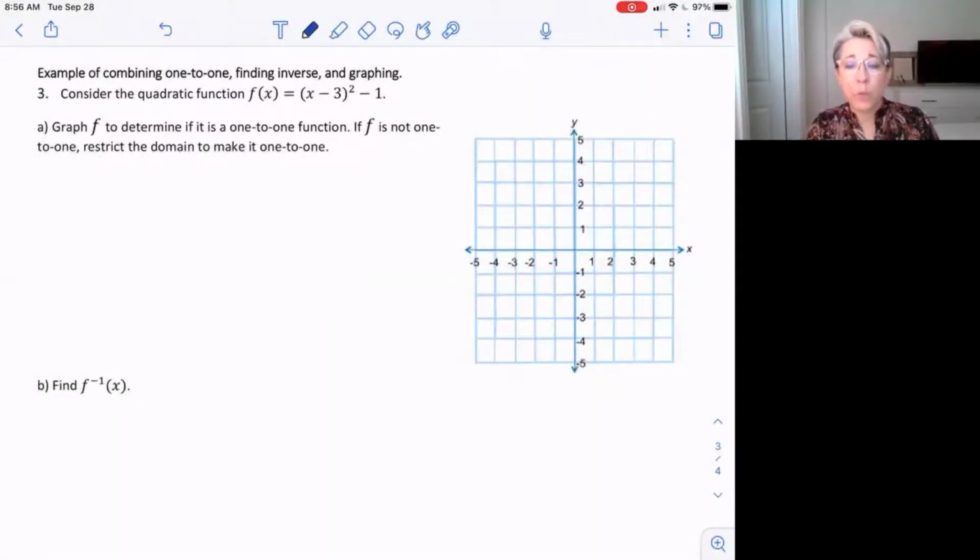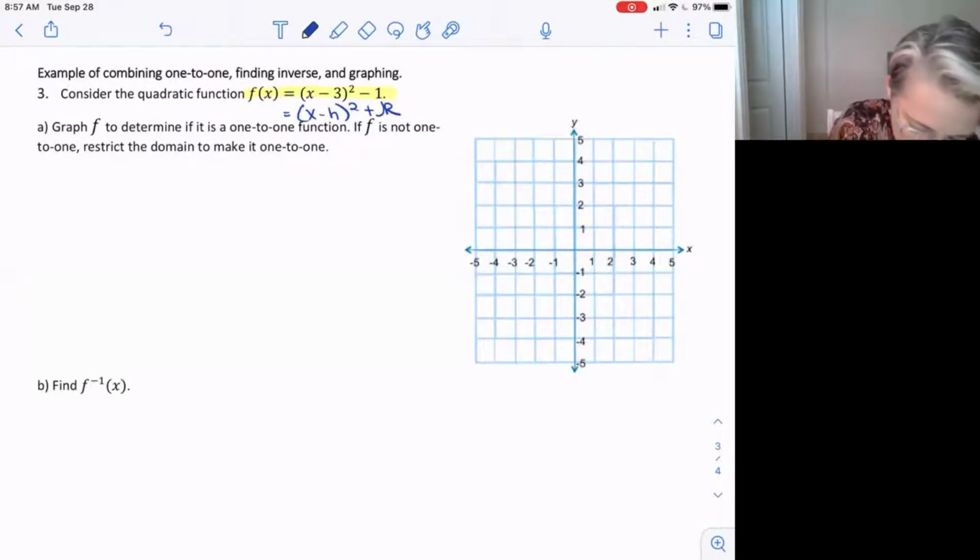In the next example, we'll be graphing to determine whether or not the function is one-to-one to begin with. And then if it's not, we'll need to restrict that domain to make it one-to-one so we can find its inverse. So let's first graph this equation here. Notice it's in vertex form with an a of 1, so there's no stretching or compressing.